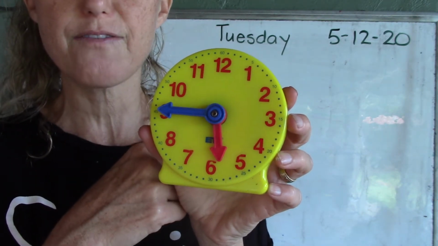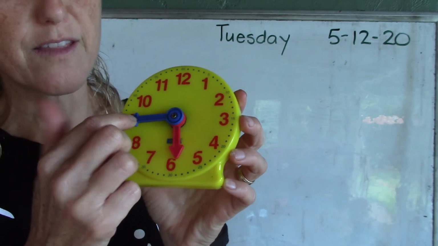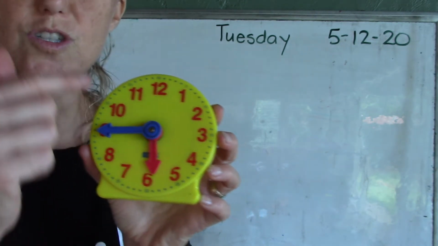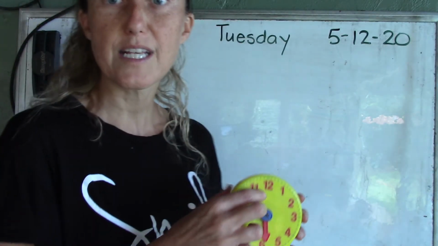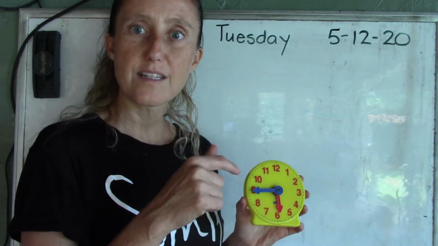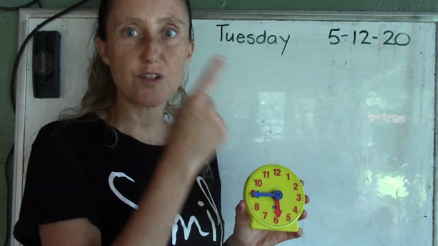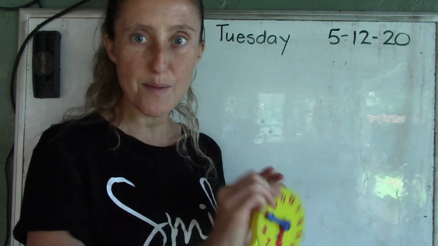It's 5:45. And when it's on the 45, that's a quarter to 6. So when it's 15 past, it's a quarter past. When it's on the 45, it's a quarter to. We're going to practice and review that, okay?